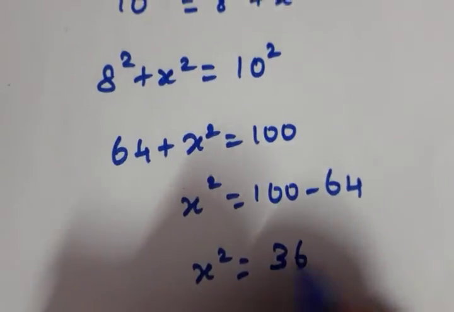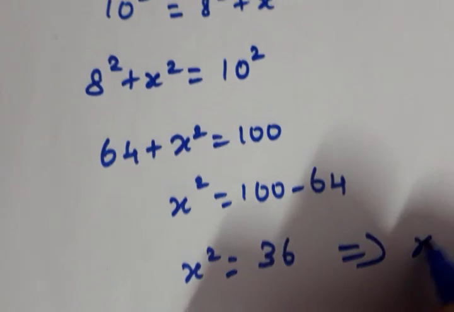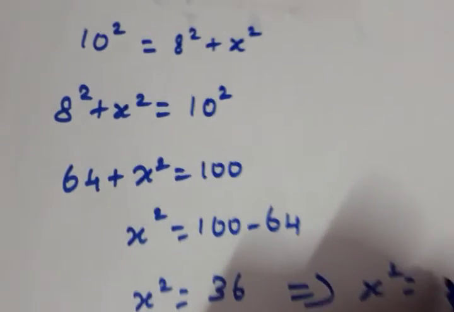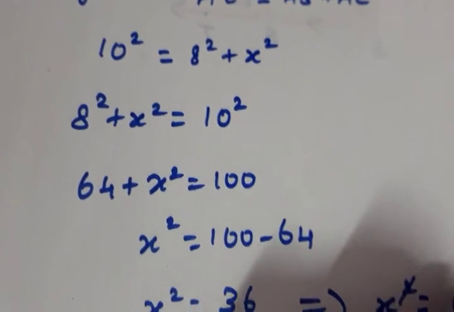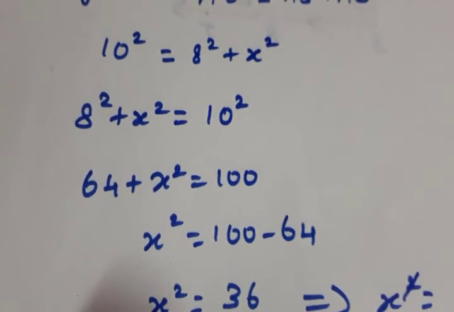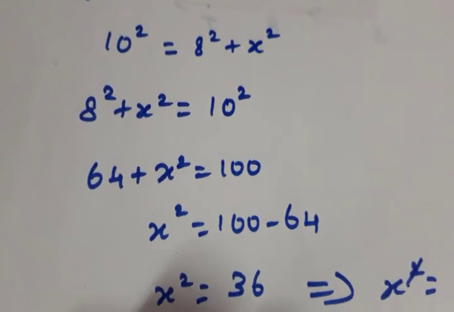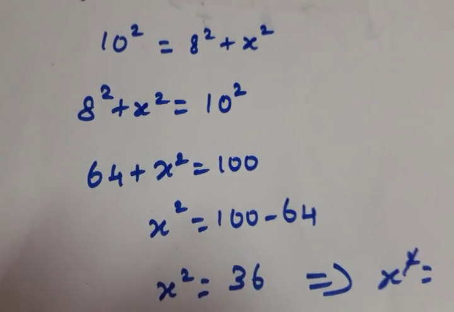So x square equals 36, so x equals 6. x equals 6 units.